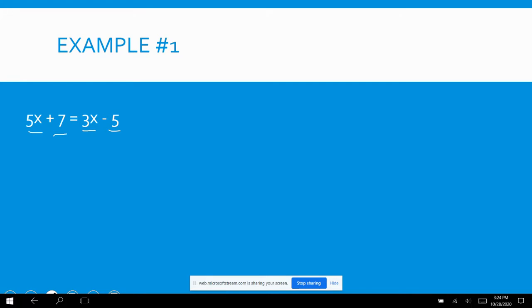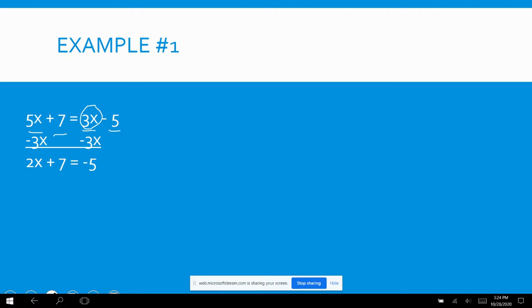So the first thing we want to do is take care of this 3x and move it to the other side. Since it's a positive 3x, it's involved in a sum, just as we've always moved things involved in a sum, we're going to subtract it from both sides. So we subtract 3x from 5x, and we have 2x plus 7 equals negative 5.